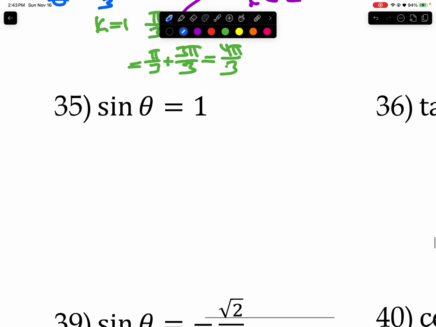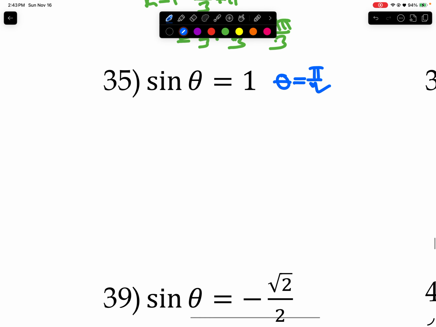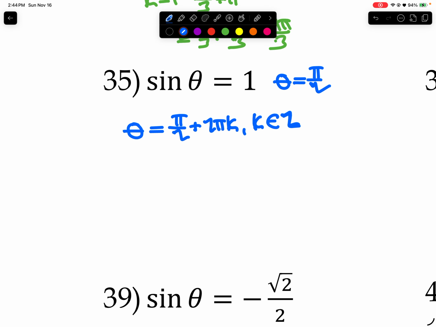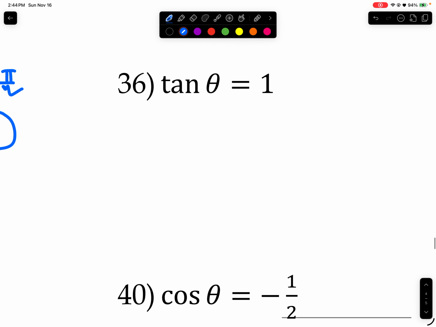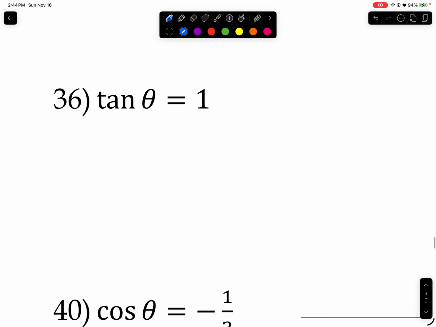Okay, and then same idea where sine of theta is equal to 1. This is only going to happen at pi over 2. There's no other value, so I want all the coterminals, which means I'm going to add 2 pi k. So theta is equal to pi over 2 plus 2 pi k, where k is an element of the integers. Okay, and then tangent theta equal to 1.